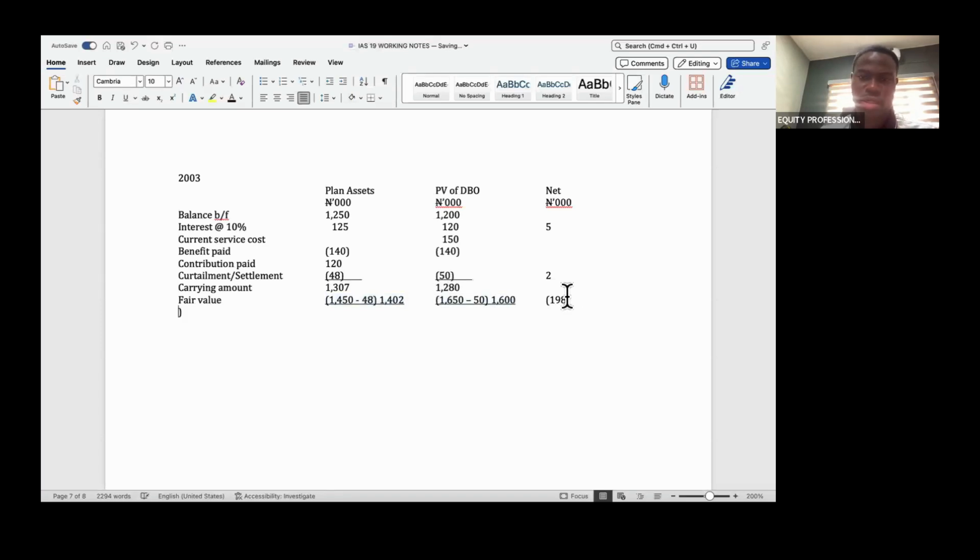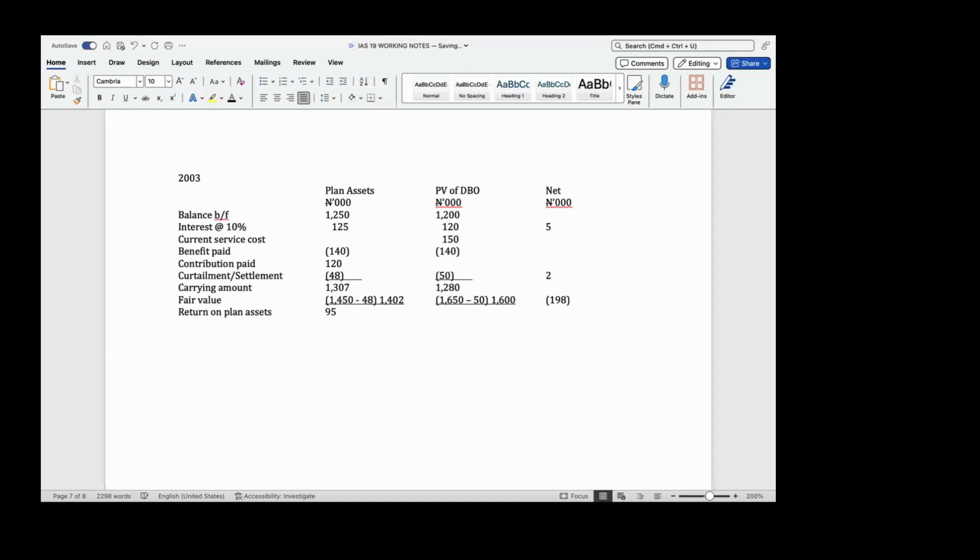So, now, the plan assets at the end is higher than our carrying amount. That's a gain. So we have return on plan assets. What's the difference? 95. 95.